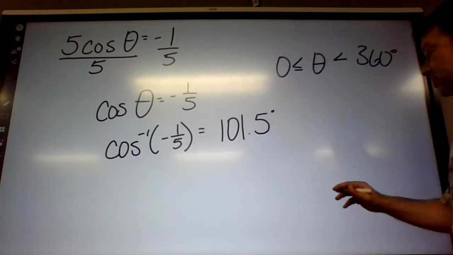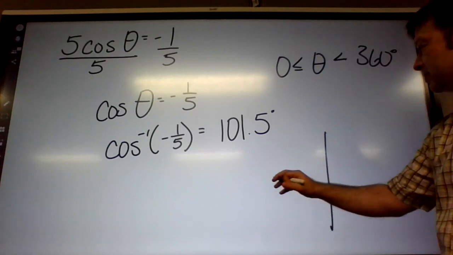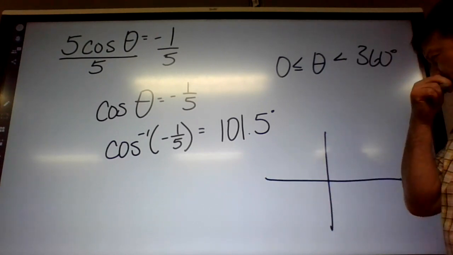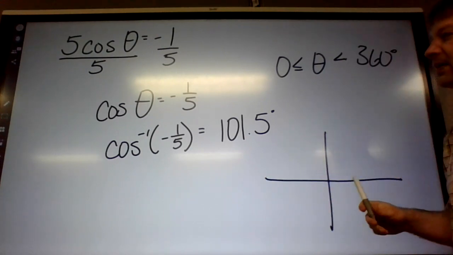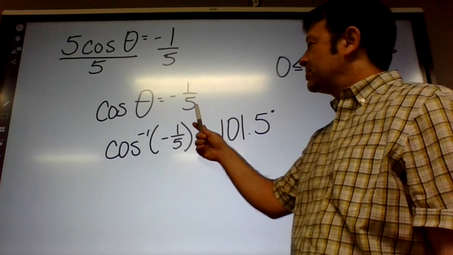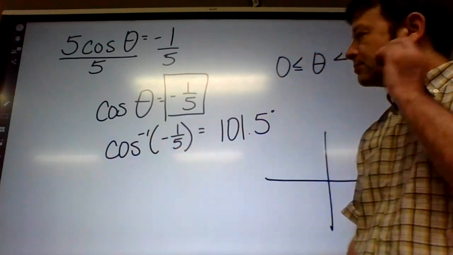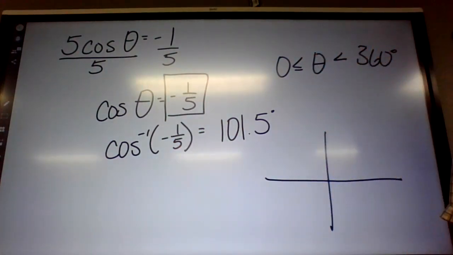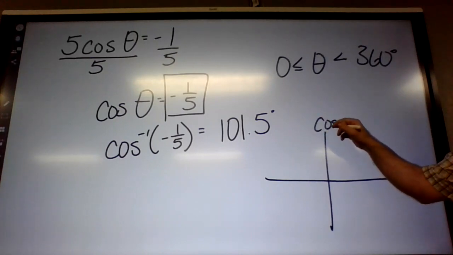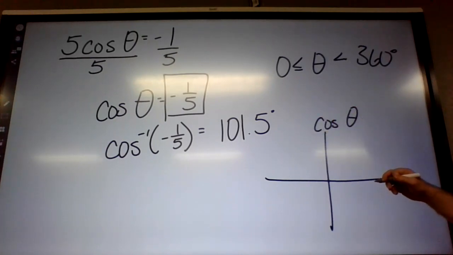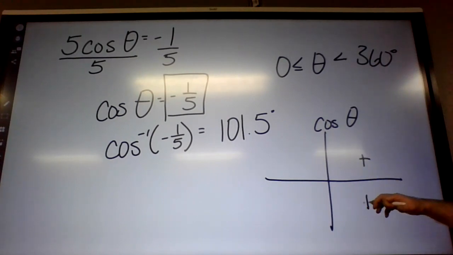So what quadrants is cosine negative in? You guys remember this? Cosine is kind of based on the x value, so it's positive where x is positive, and it's negative where x is negative.